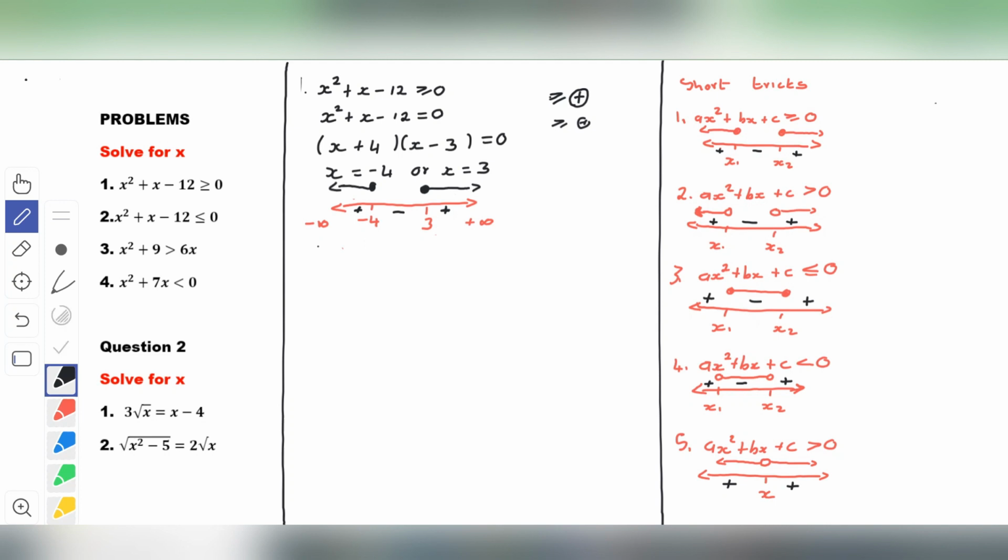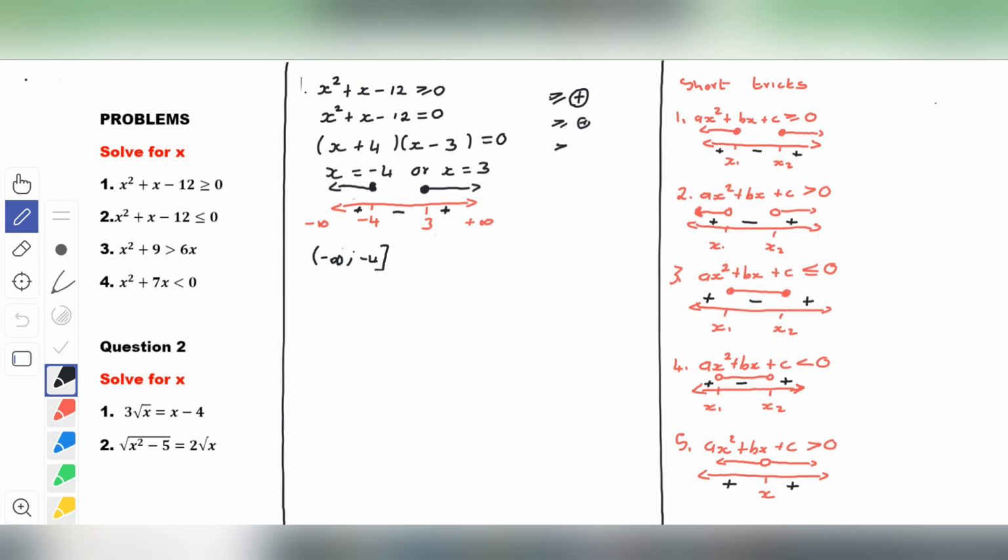So after writing them like this, what is your interval? You're going to have an open bracket, which is negative infinity, into -4. And from here we can see that this is a closed interval. How do you see that it's a closed interval?